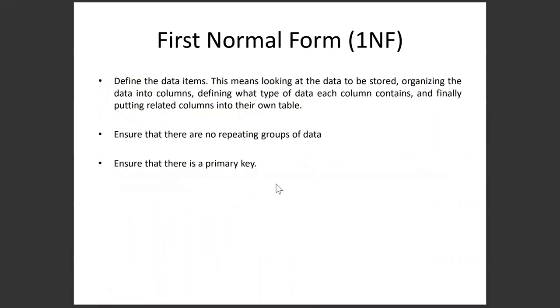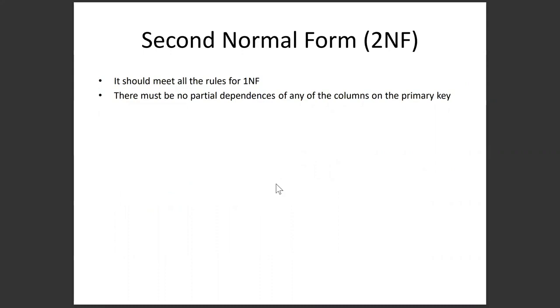First normal form basically ensures that there are no repeating groups of data and that there is a primary key. This is the first and foremost basic form of normalization. Then the upcoming normalization would seem redundant to you, but yeah, that's how it is, and it has been for a while now. Second normal form says that all the rules from the first normal form need to be followed, and there should not be any partial dependency on any of the columns.